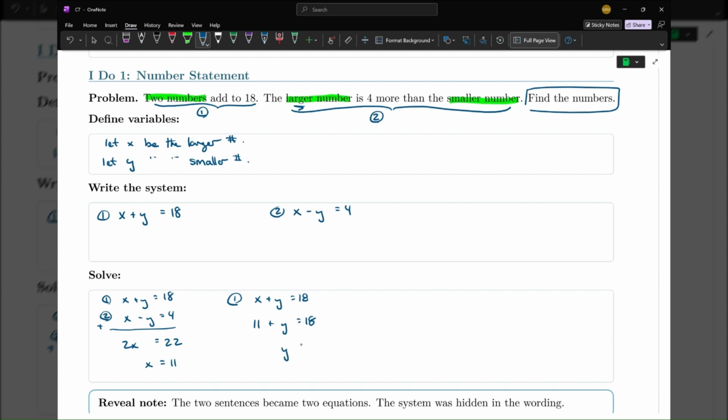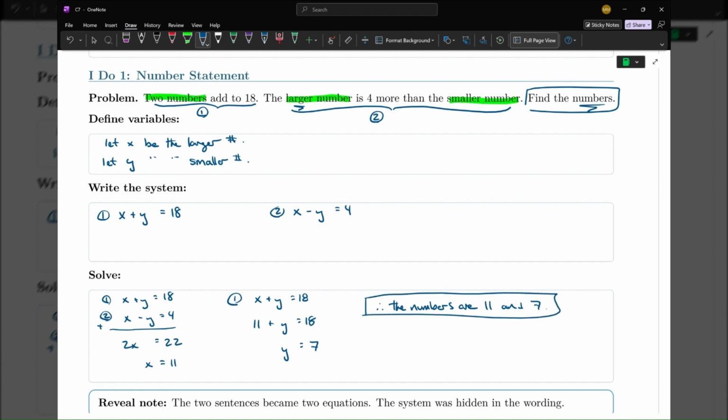So y is going to be 7. Now, I made up these variables, so I'm going to go back to the question. So therefore, the numbers are 11 and 7. And that's it. Done.